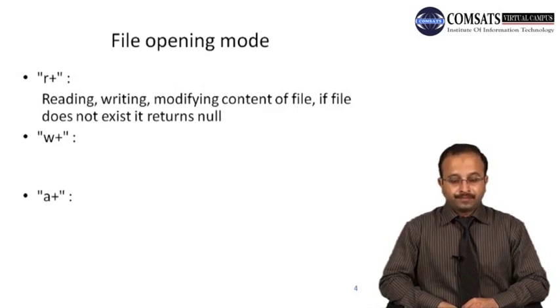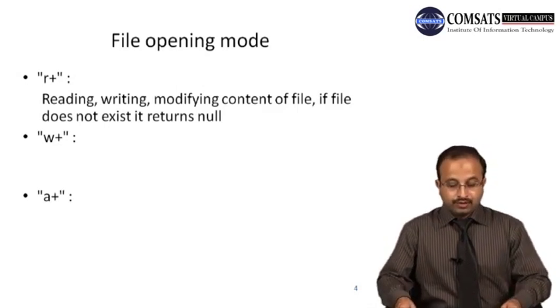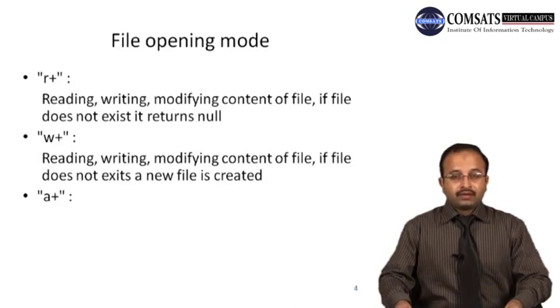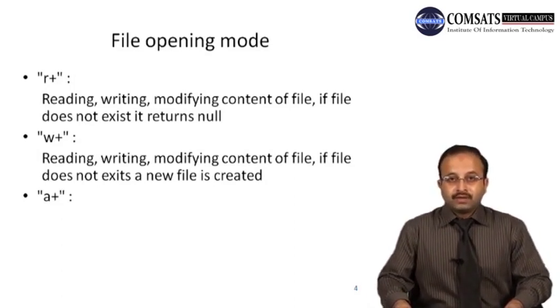W plus mode, reading, writing, modify existing content. If file does not exist, a new file is created, it will create a new file. And if a file with the same name already exists, the content of the previously saved file will be destroyed.